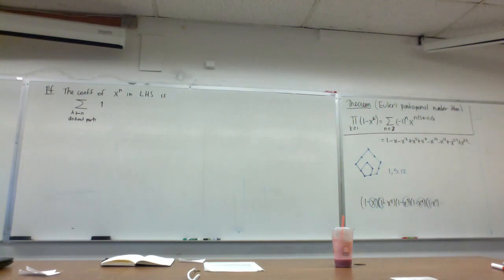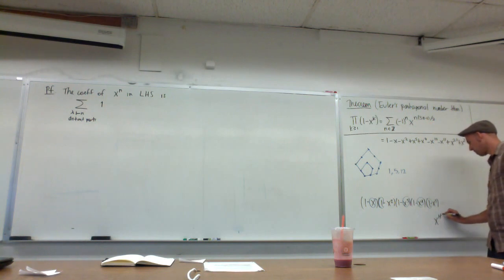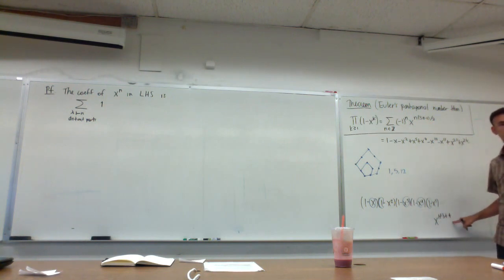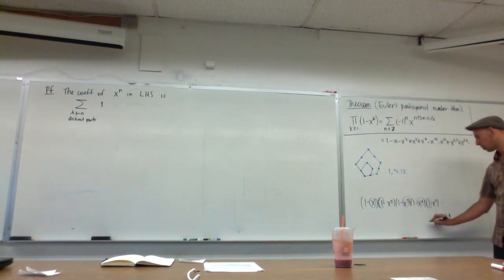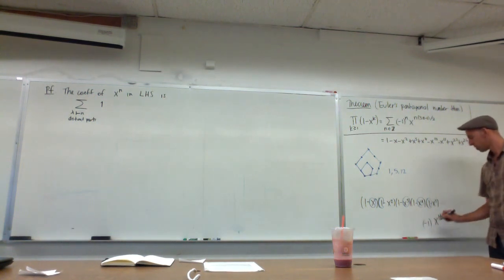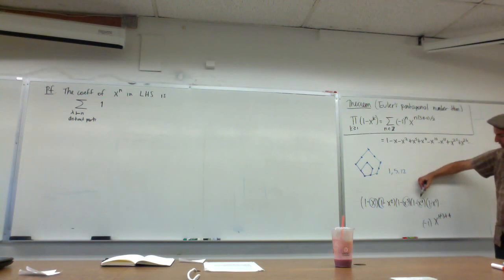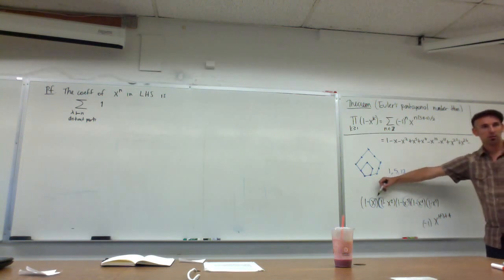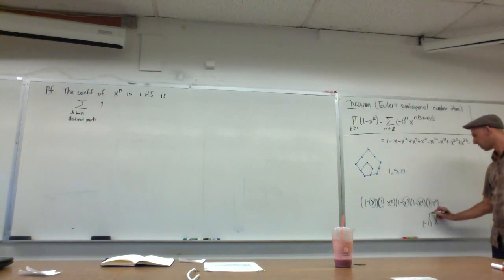So what do I get in the end? Well, I get x to the 1 plus 3 plus 4. And that's my partition into different parts. The partition of 8. And what sign do I get? Well, I get a minus sign every time that I chose a part. So it's going to be the number of parts.